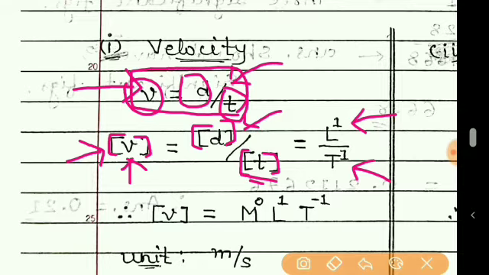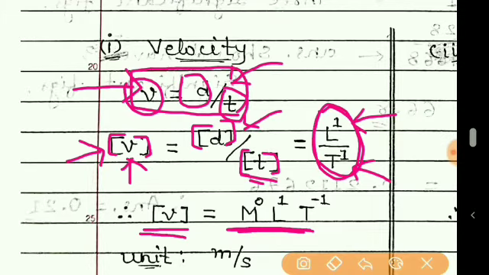Finally, I will write the dimensional formula for V, or simply we can say the dimension of V, as M L T. Students, remember, always the dimensions are represented in terms of M L T. But here you can see in this equation there is no mass.